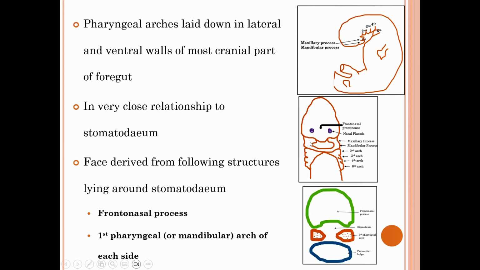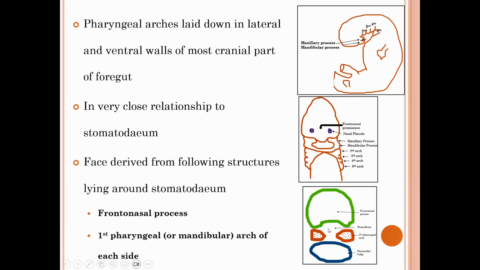You can see the first pharyngeal arch has two parts, the maxillary process and mandibular process. Here you can see the single pharyngeal arch, here you can see the two parts of the first pharyngeal arch. So face is derived from the frontonasal process. Where is frontonasal process? Here is the frontonasal process, which is nothing but the mesoderm covering the developing brain.